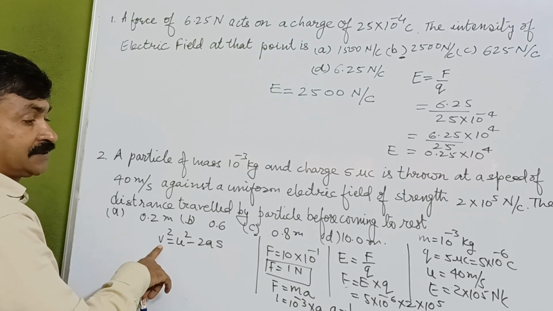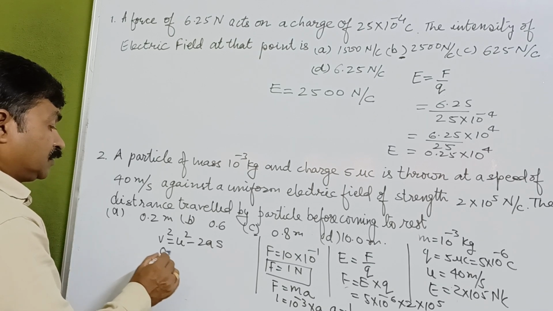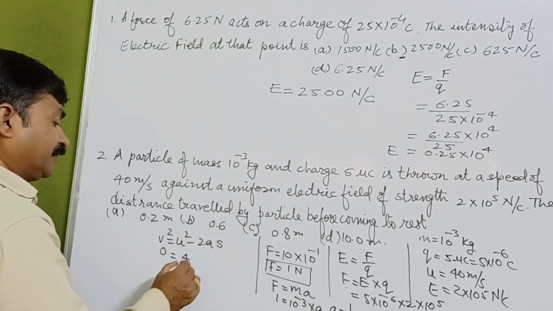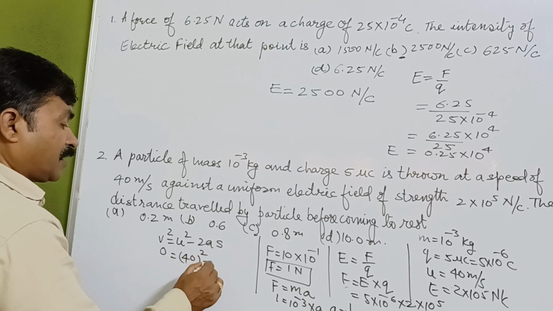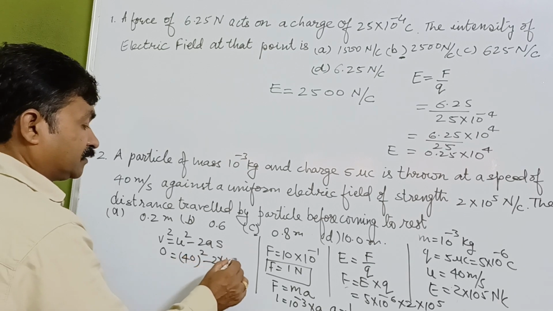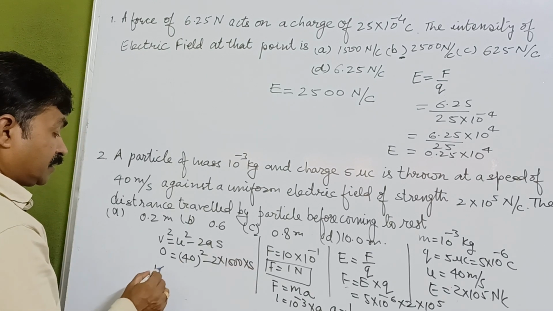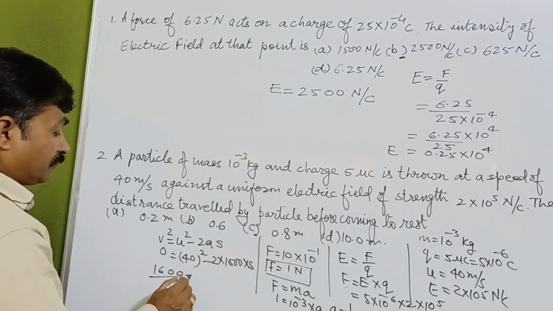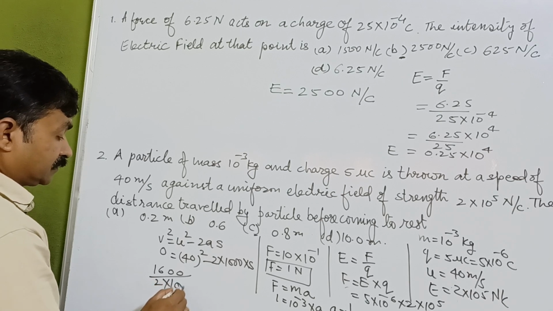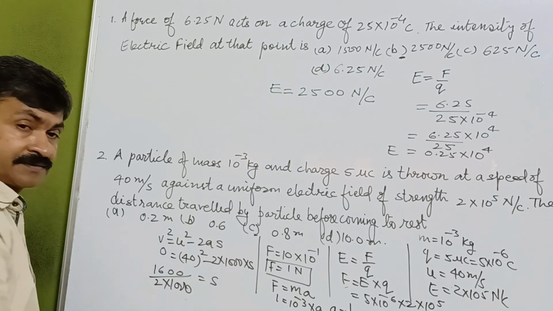Here the final velocity is 0, and U is given, that is 40 squared minus 2 into 1000 into S. So S is 1600 divided by 2 into 1000.